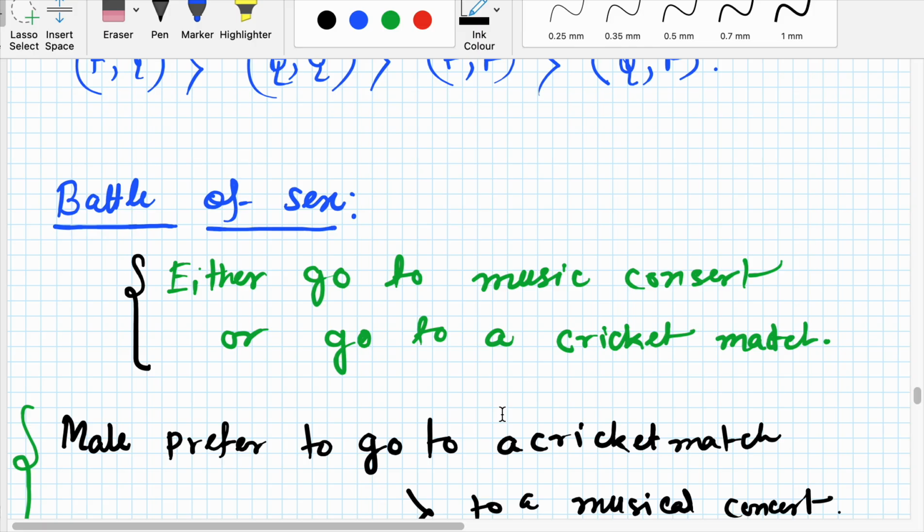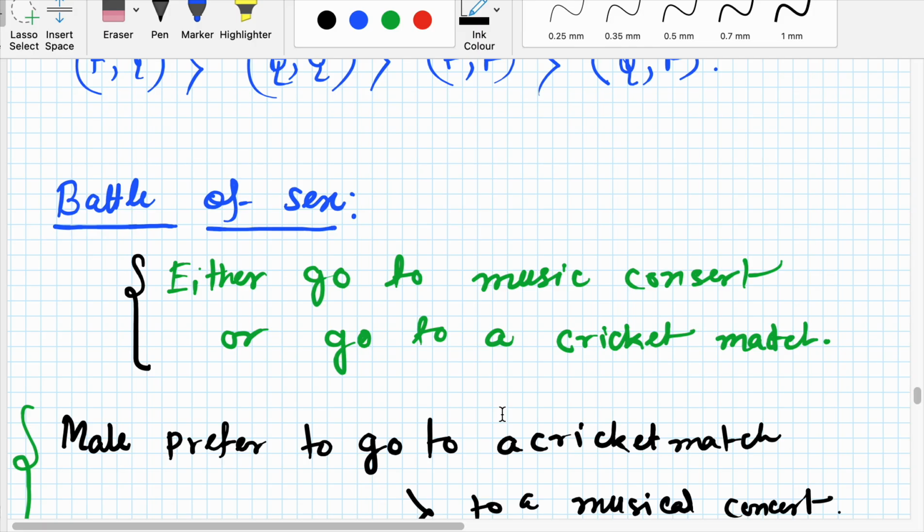One is more preferred by one individual, and for the other individual the other option is more preferable. That kind of situation can be captured by the battle of sexes.